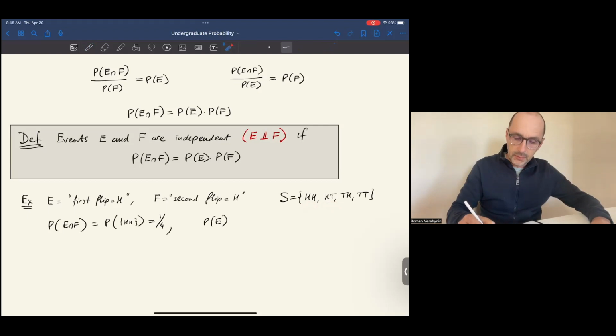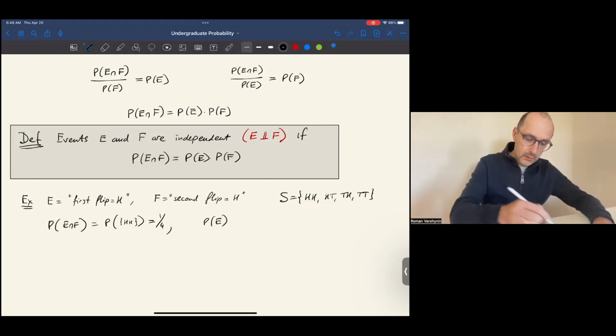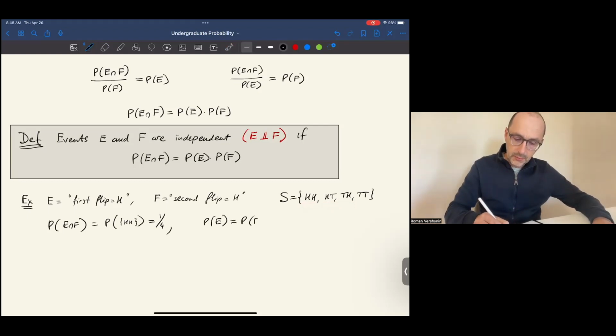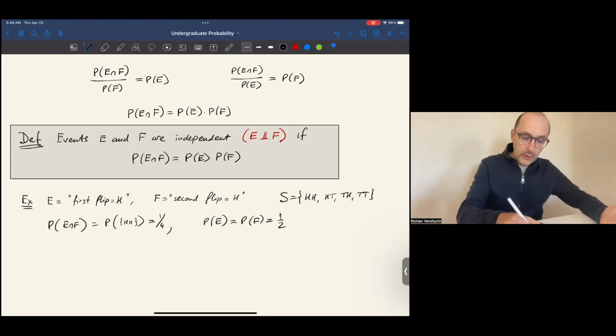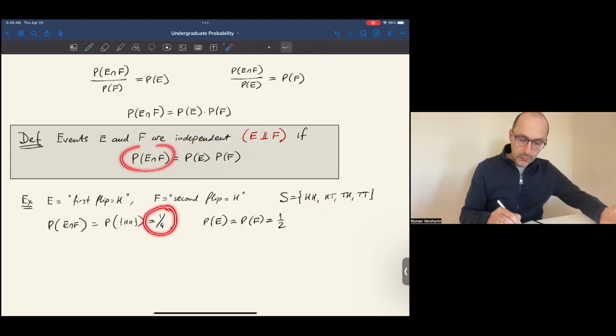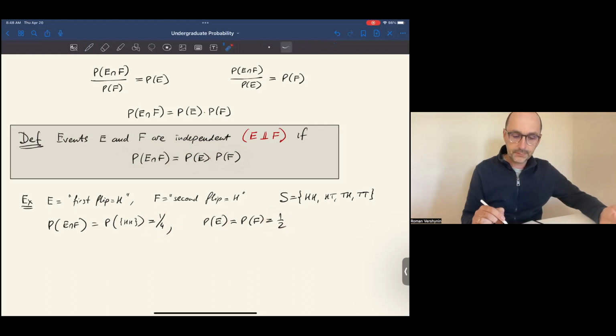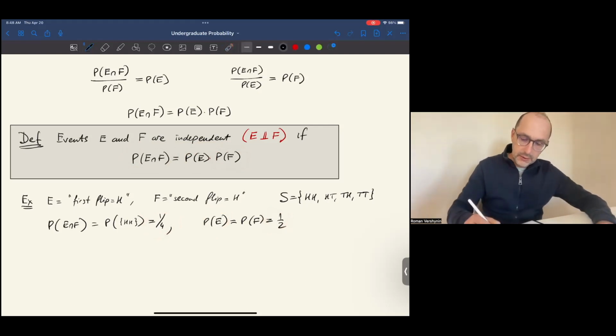And so does the event F, that the second flip is heads. So probability of E, probability of F is 2 out of 4, which is 1/2. And as we see, this equation indeed holds. 1/4 equals 1/2 times 1/2. So E and F are independent.